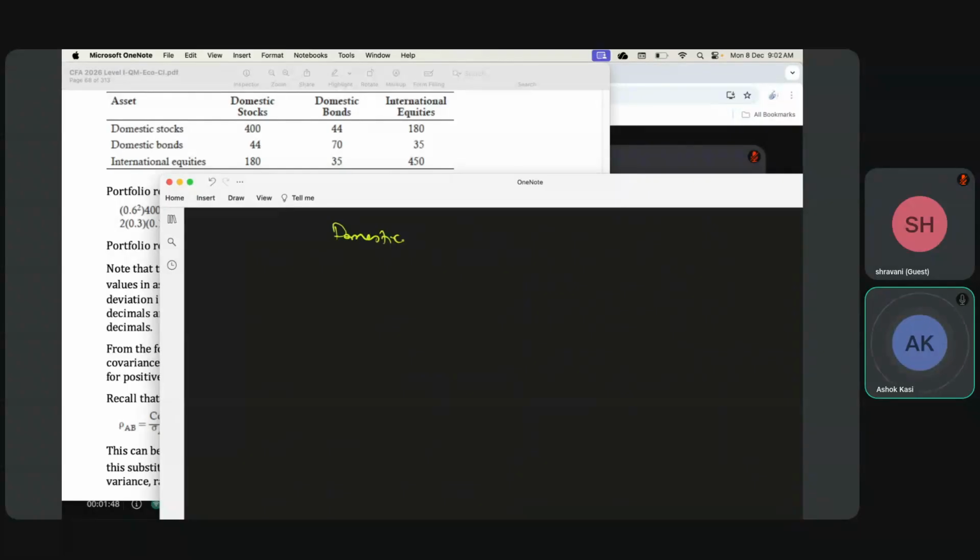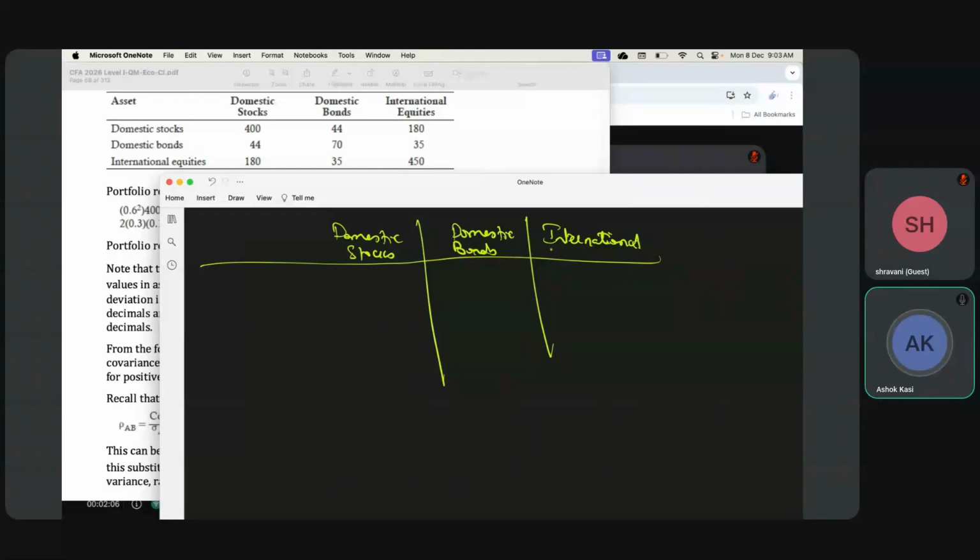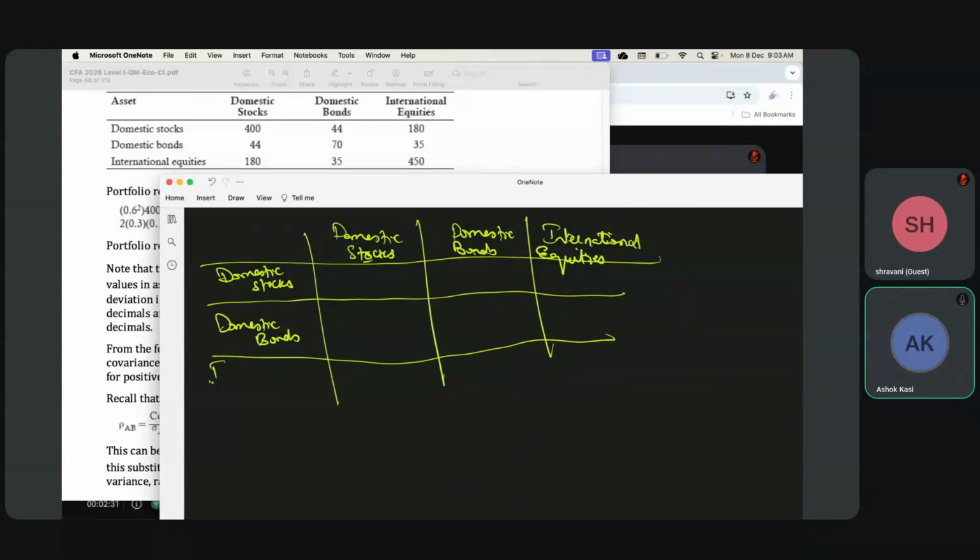See, domestic stocks, domestic bonds, international equities. 470 and 450.